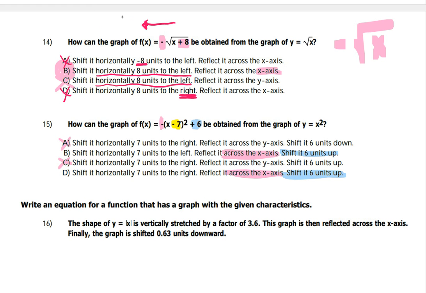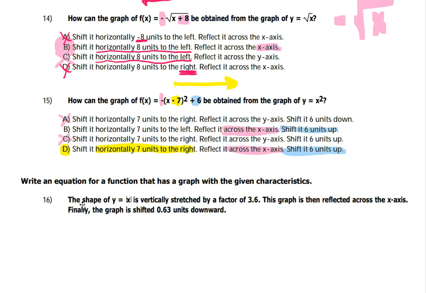Remember, when it's inside with the x, away from the squared, you see the opposite. So instead of moving 7 to the left, you're moving 7 to the right horizontally. So horizontally 7 units to the right is this one. So it's D, because the other one says 7 units to the left.